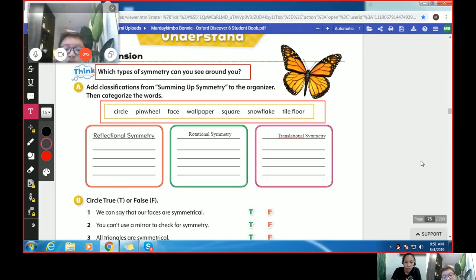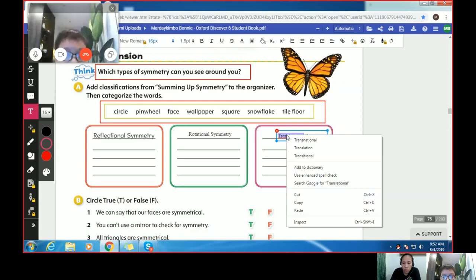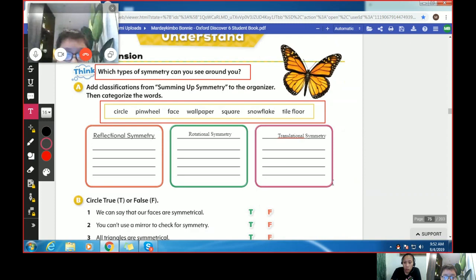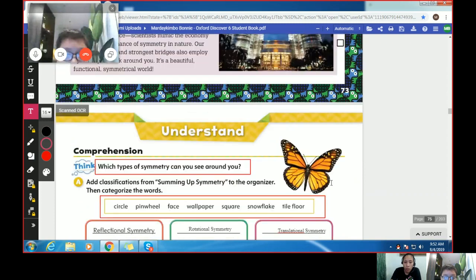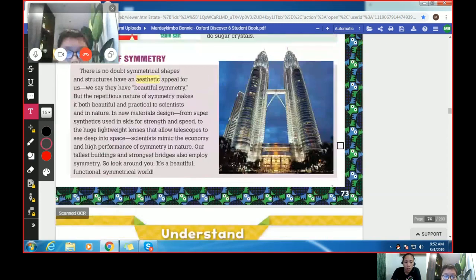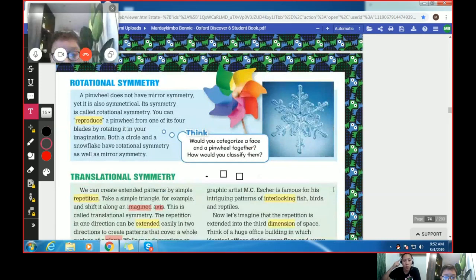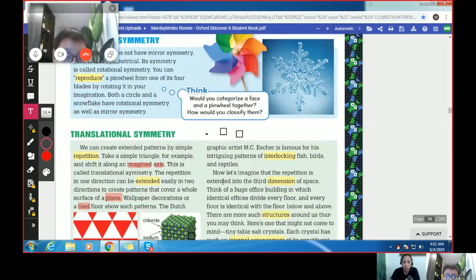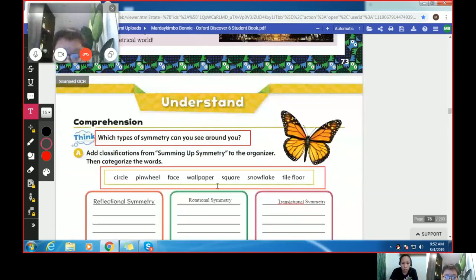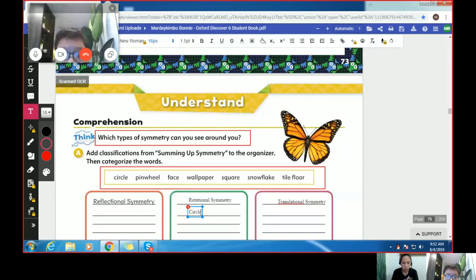I think circle is translational. Are you sure? Rotation. Very good. So when you think of a circle, it means rotation because it keeps on rotating or going in circles. So circle is under rotational symmetry.